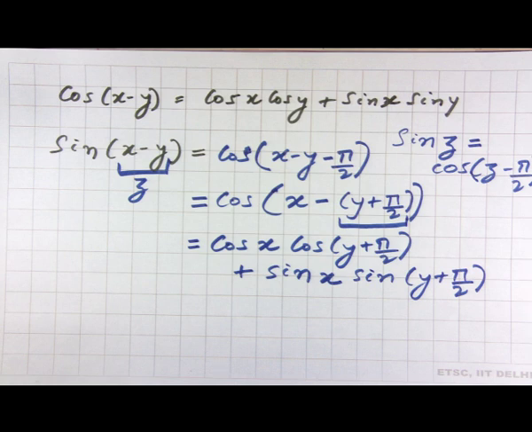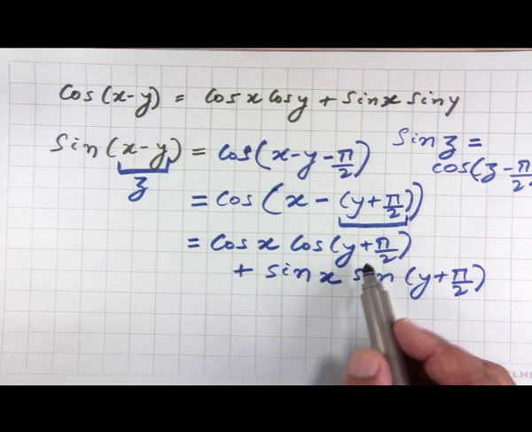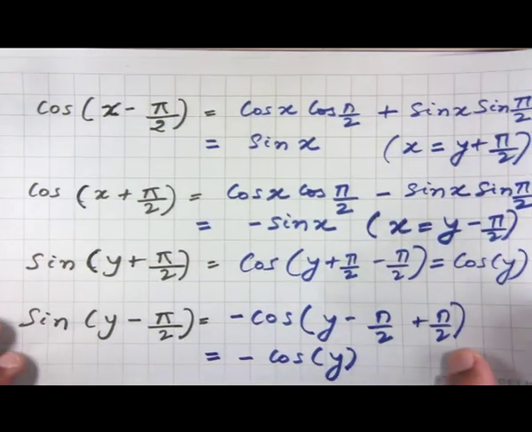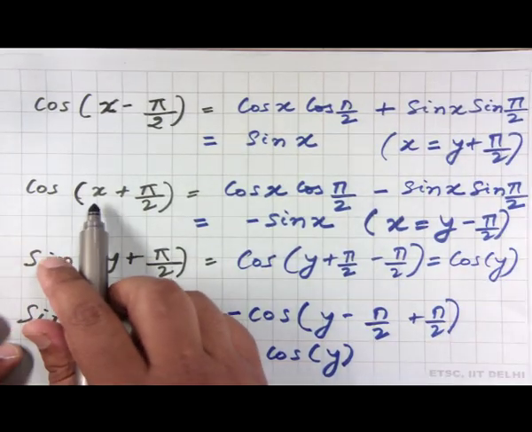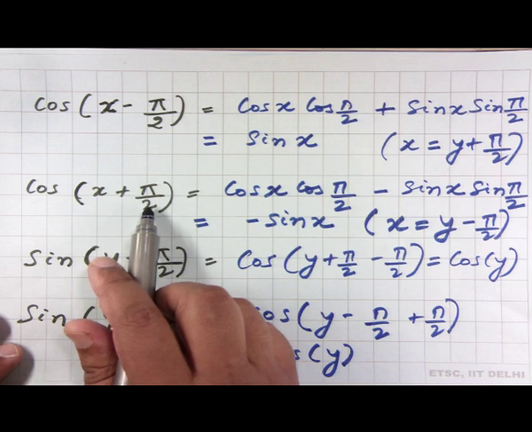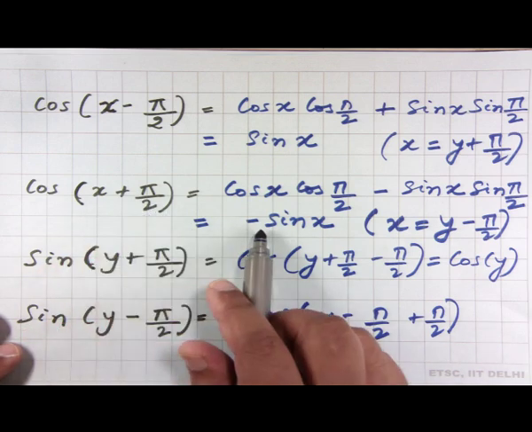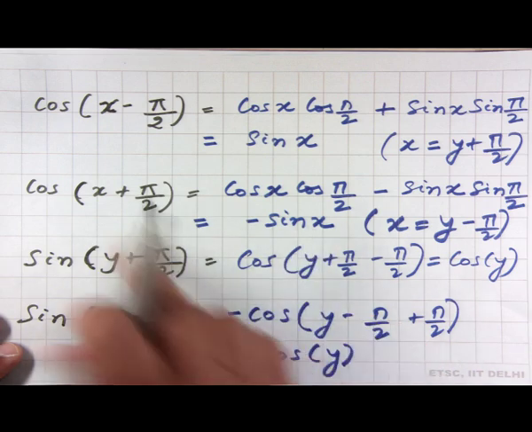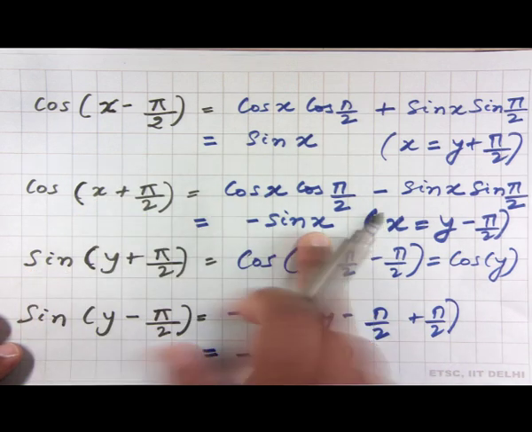Now, from the previous slide we know that cos of y plus pi by 2 is minus sin y. So, I am just going to replace this x over here with y.